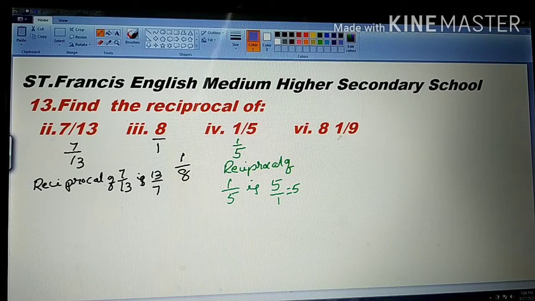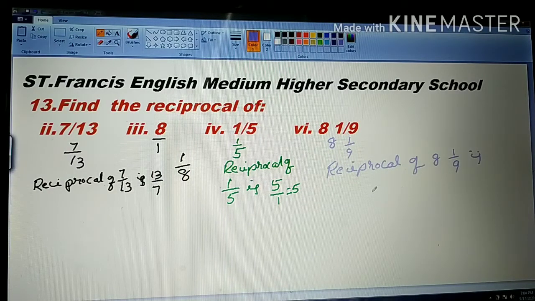Now see, one mixed fraction they have given here, 8 1 by 9. Okay, so given 8 1 by 9, the reciprocal of 8 1 by 9. So first we have to convert this one into an improper fraction. They have given a mixed fraction, right?